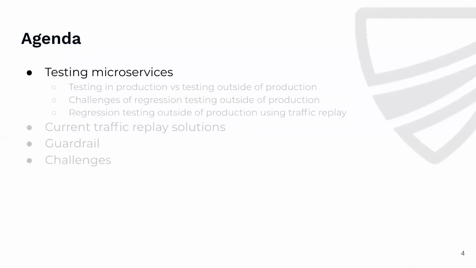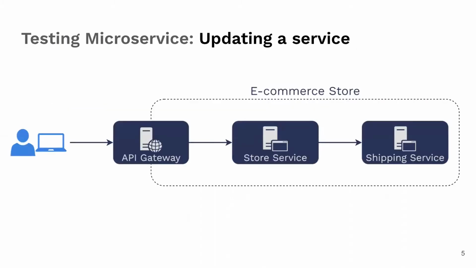All right, so first let's talk about why developers want to test microservices. We'll base our conversation around this hypothetical scenario. We have a developer named Aaron, who is responsible for maintaining an online store with the service-oriented architecture diagrammed here.